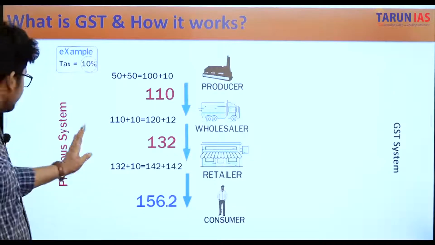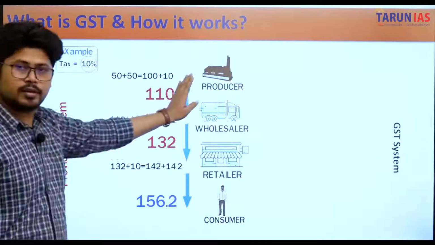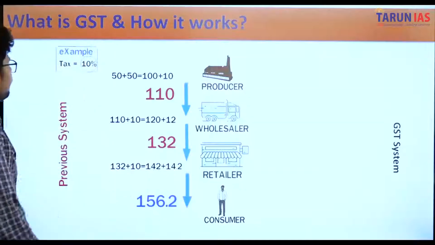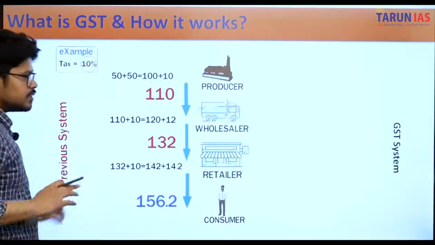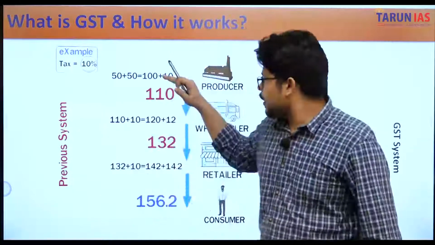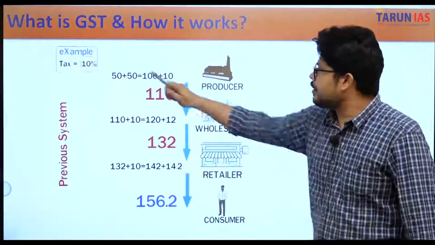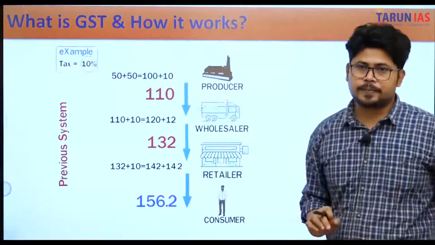If we understand, this is the previous system, okay, how the earlier system worked. Now, if we consider a hypothetical scenario where on every single step a 10% tax is imposed, okay.